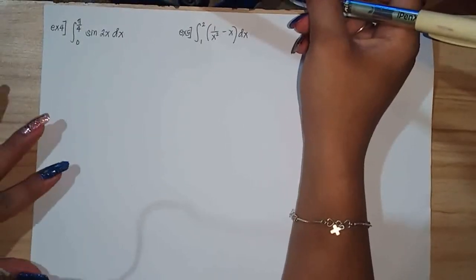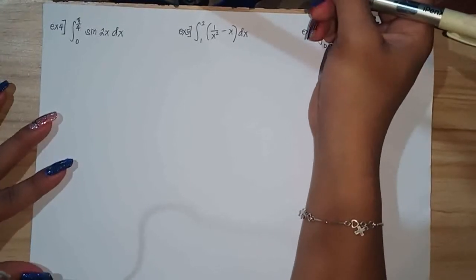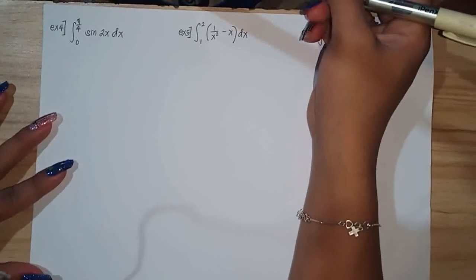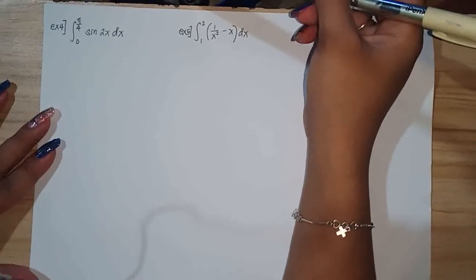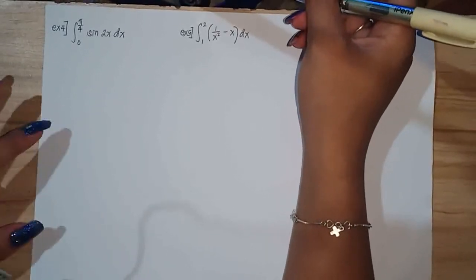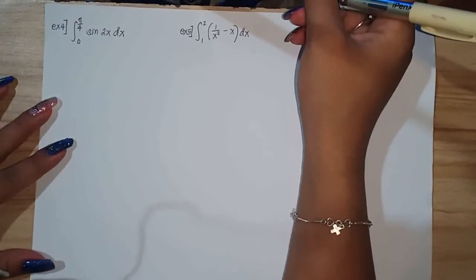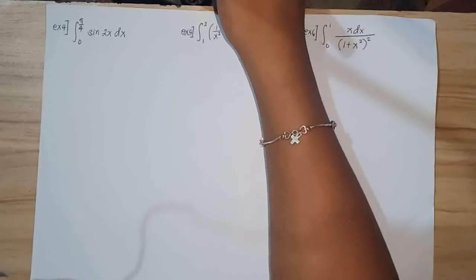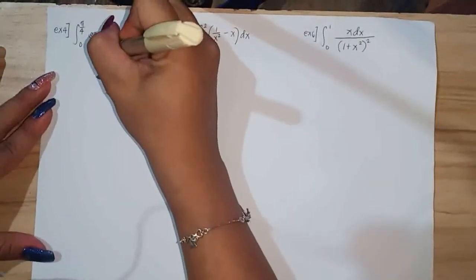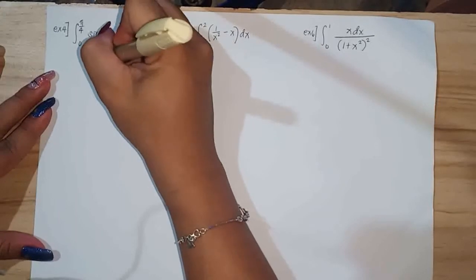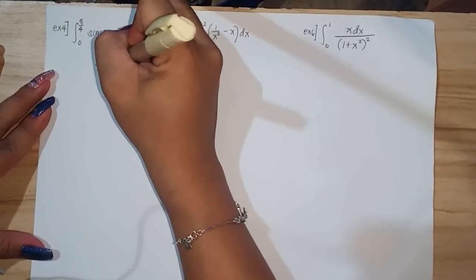Okay, next example, example number 4. You have the integral of sine of 2x dx, wherein your limits is from 0 to pi over 4. So we will do trigonometric. Okay, so if you let u as 2x, our du now is 2 dx.